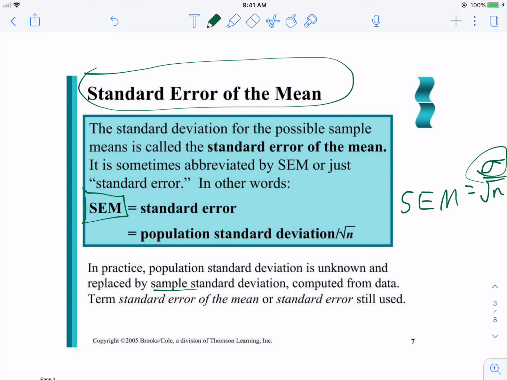Remember, you're taking a sample of n number of individuals, and that sample is going to have its own standard deviation represented by lowercase s. The population as a whole, its standard deviation is represented by sigma. So this standard error is that standard deviation step size for these distributions of means.